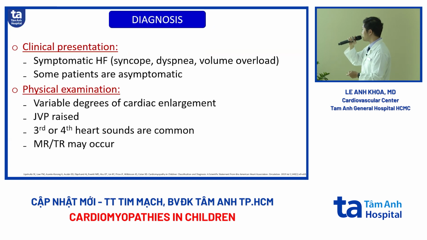The clinical presentation of DCM may be symptomatic heart failure with syncope, dyspnea, or volume overload, and some patients are asymptomatic. In the physical examination, we can see variable degrees of cardiac enlargement or raised jugular venous pressure, and mitral regurgitation and tricuspid regurgitation may occur.